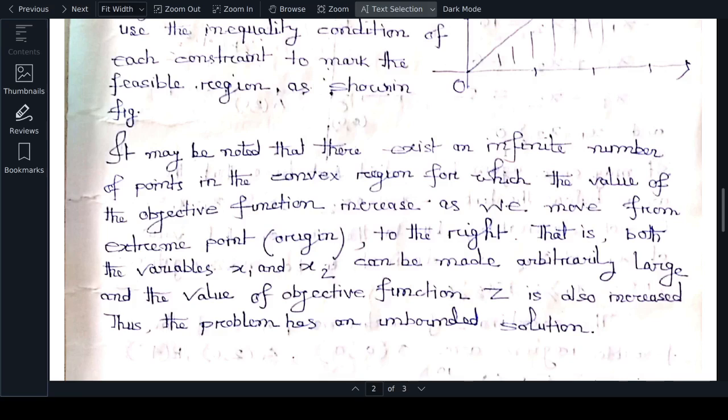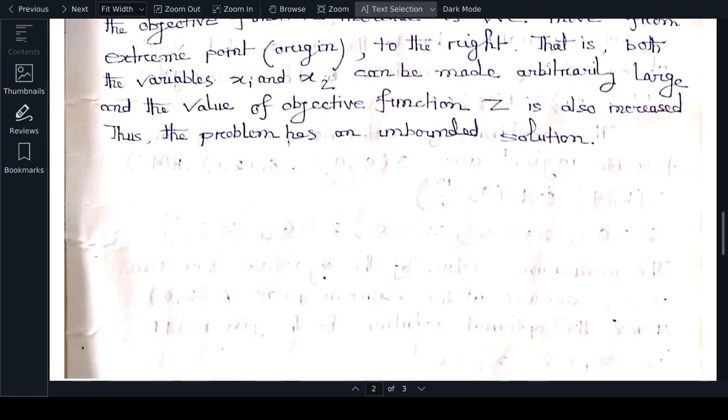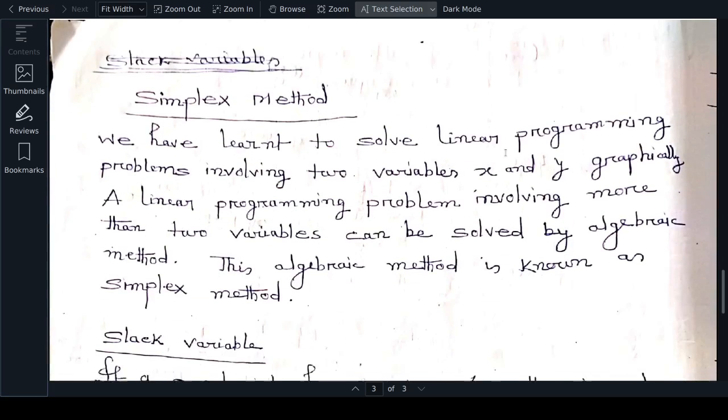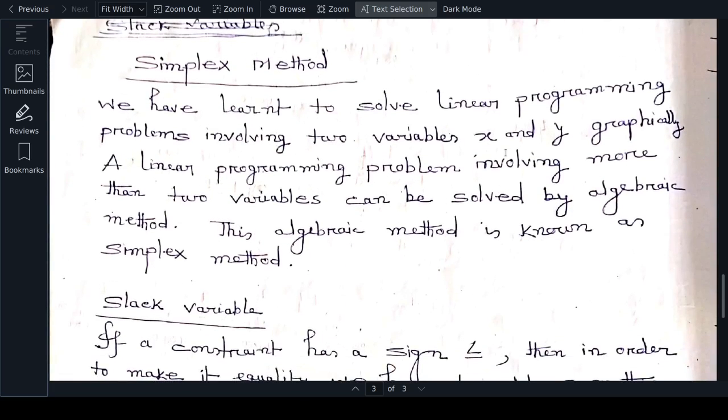So for more than two variables, we have another method. This is called the algebraic method, known as simplex method. All of you find out what simplex method is. Heading is simplex method.